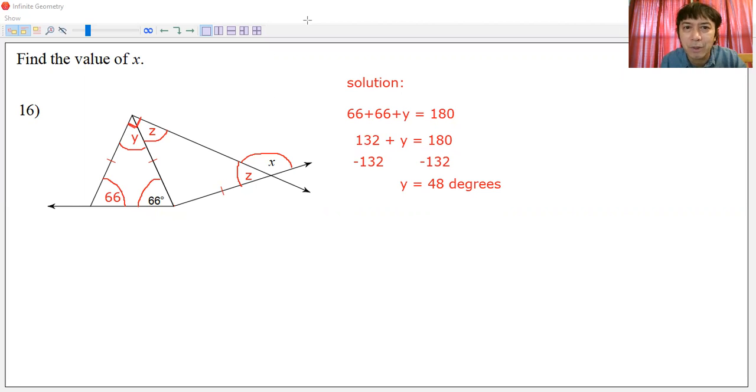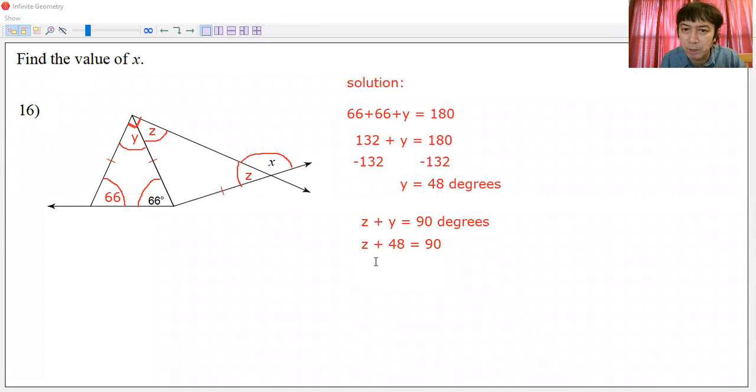So our working equation will be z plus y must be equal to 90 degrees. But we already know our y. So by substitution, we have z plus 48, which is our y value, equal to 90. And so we have one unknown, which is the z here.